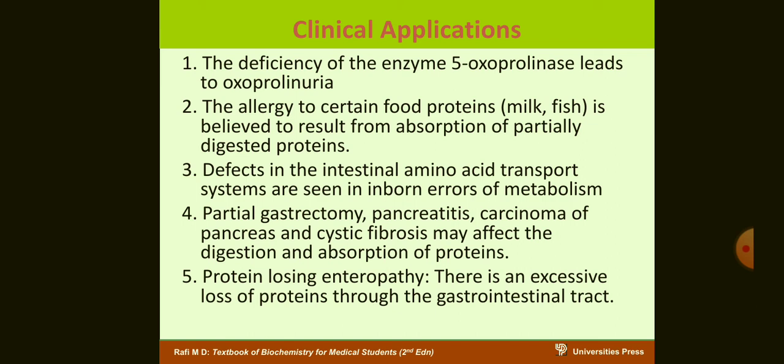The allergy to certain food protein, that is, a few persons have allergy to milk, fish, or buffalo beef, is believed to result from absorption of partially digested protein. Defects in the intestinal amino acid transport system are seen in inborn errors of metabolism.